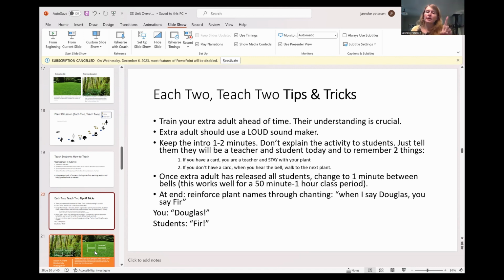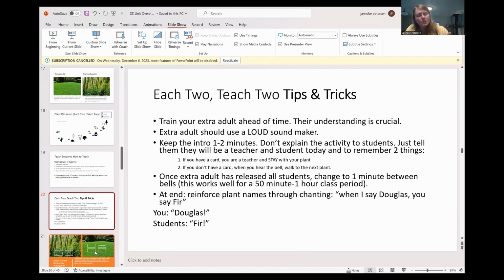The first is, if you have a card, you are a teacher and you stay with your plant. If you don't have a card, when you hear the bell, walk to the next plant. If they can remember those 2 things and you and your supporting adult understand how the activity works, it will work out and the students will quickly learn the pattern just from doing it.